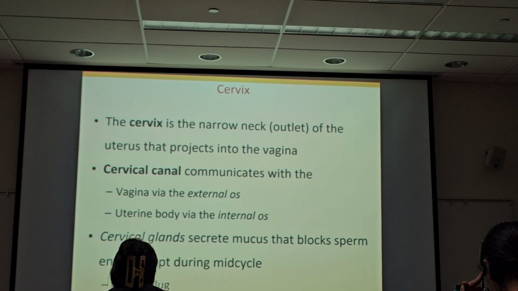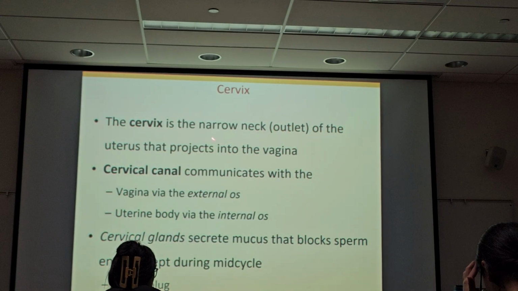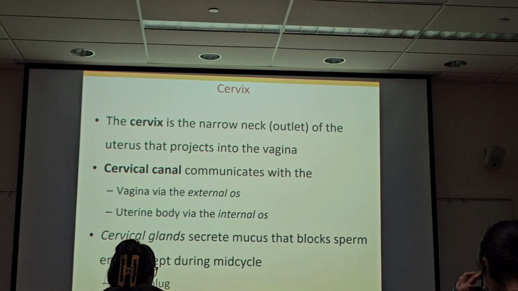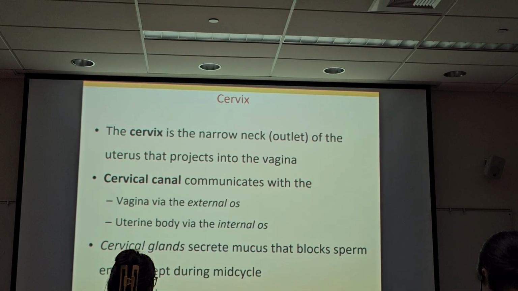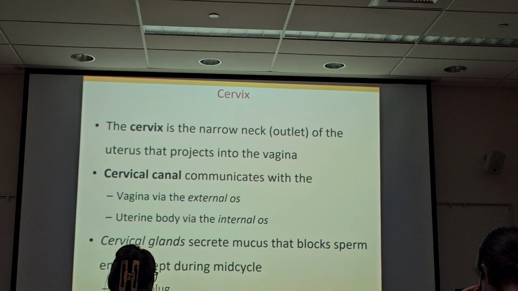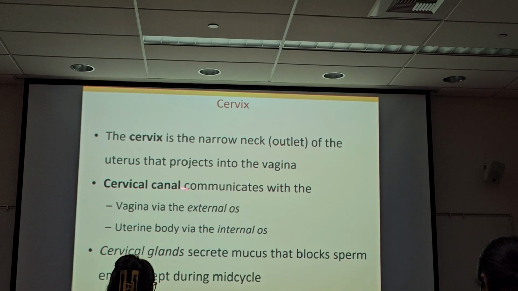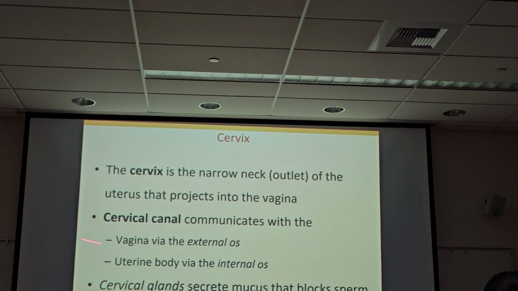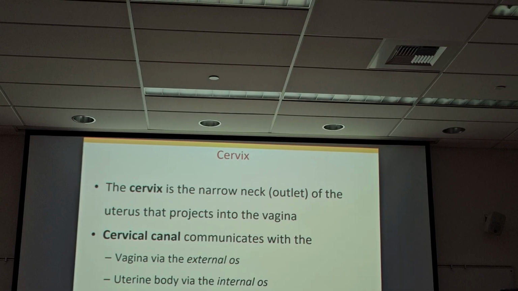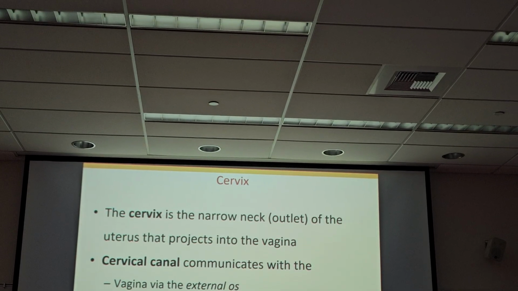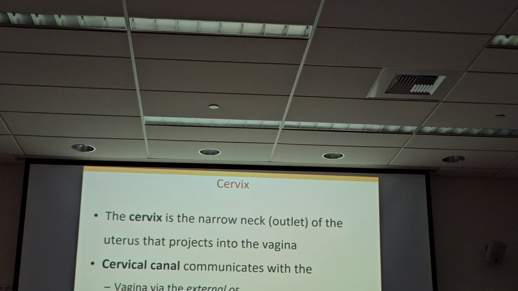Okay. So, again, the cervix is the opening into the uterus that projects down into the vagina. And there's a cervical canal that communicates with the vagina and the uterus, so it allows for communication. There are glands at the cervix that secrete mucus.